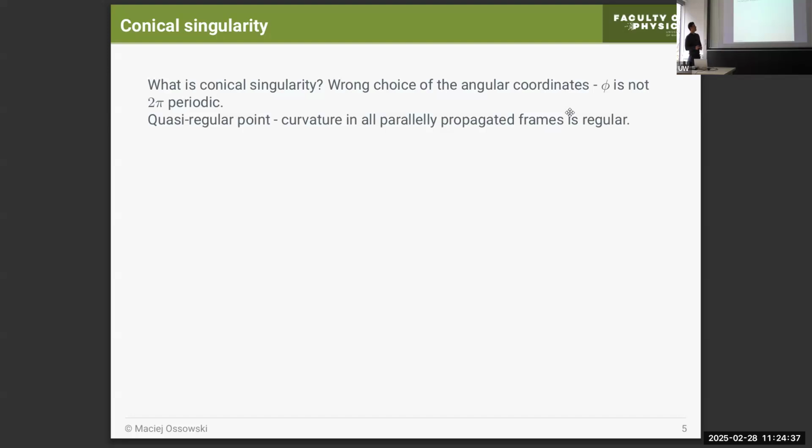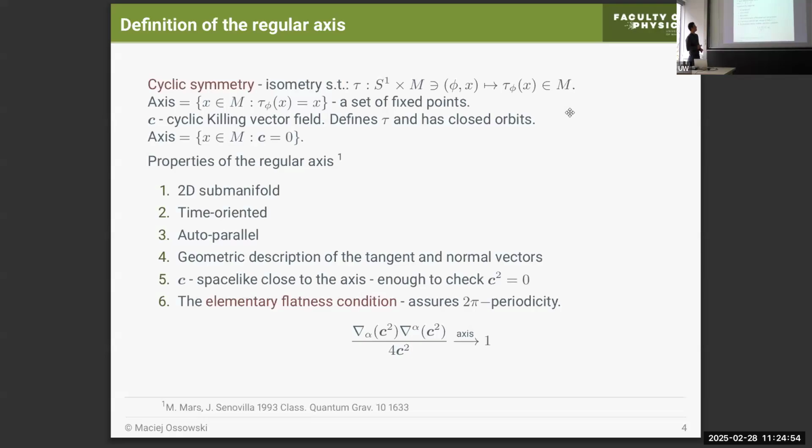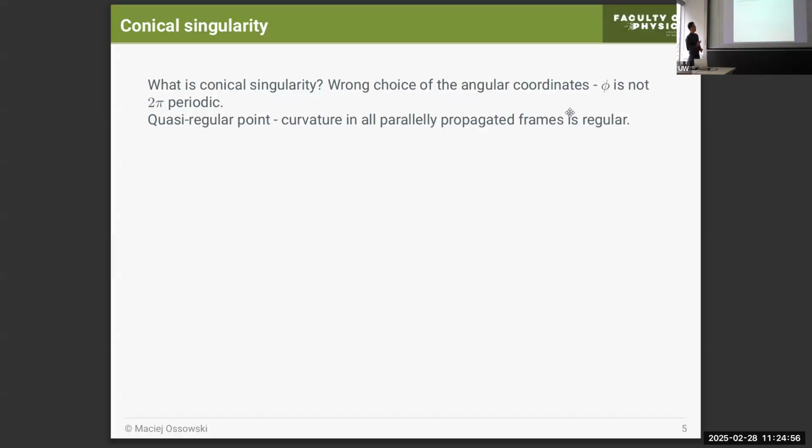Usually the way it's described is that the conical singularity is created when we have a wrong choice of the angular coordinate, such that the orbits of the Killing vector field are not parameterized to be 2π periodic.